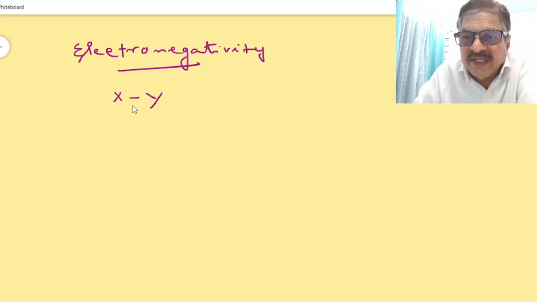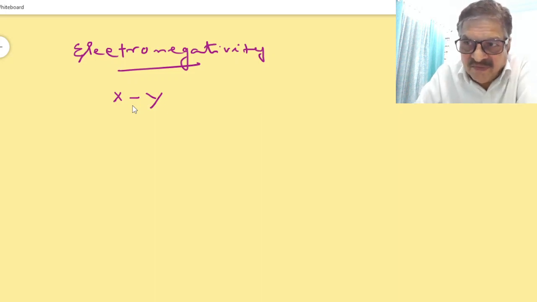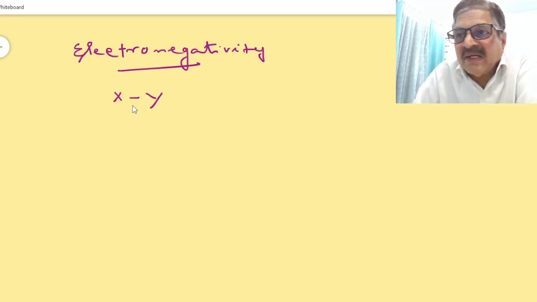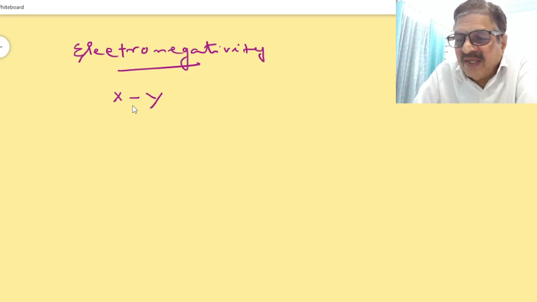Lower left hand side we see the least electronegative elements; upper right hand side we see the most electronegative elements. So electronegativity is the degree of attraction for the bonding electrons, the measure of the attraction for the bonding electrons by an atom.